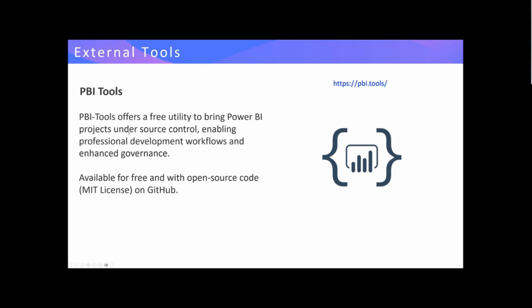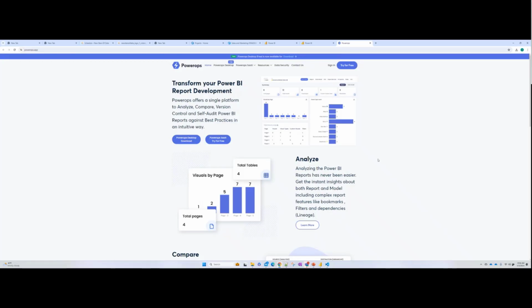But it's still more on the command line front, where you need to write all the commands yourself. With the PBIP, that addresses this issue, but there are a lot of good things this tool also offers. You can go and check it out. Those are mostly the external tools I wanted to cover.